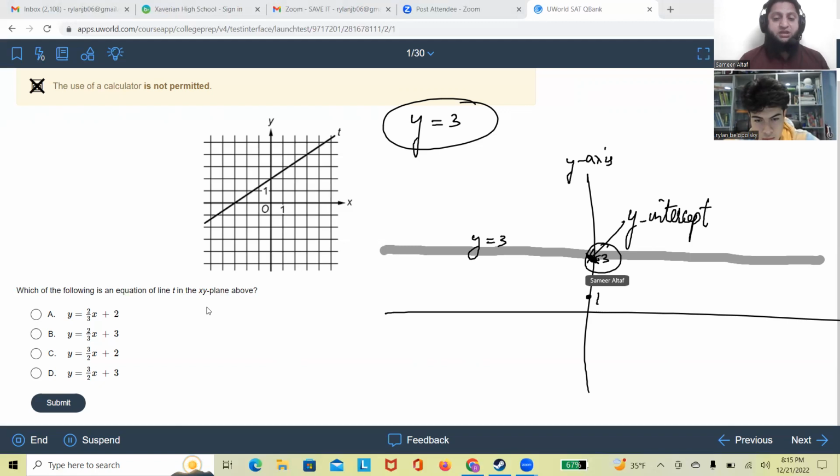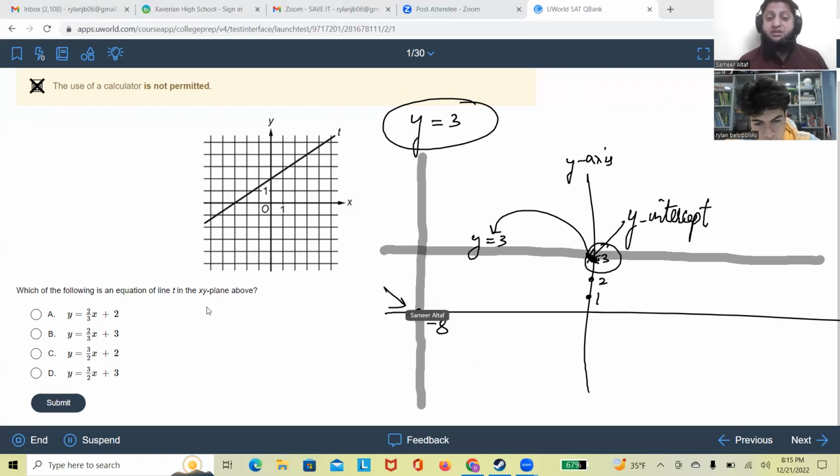The 3 is the y-intercept of this line. Now, if you have a line which is vertical, let's take it like this. It is crossing the x-axis at -8. We say that this point where the line crosses the x-axis is the x-intercept.